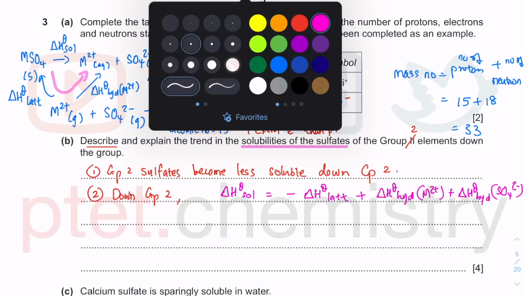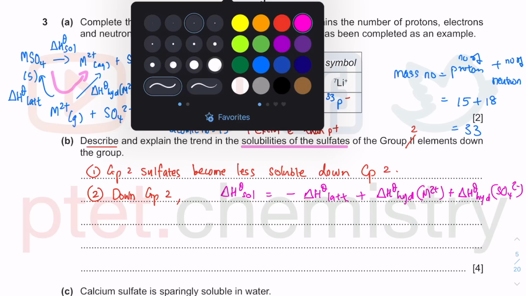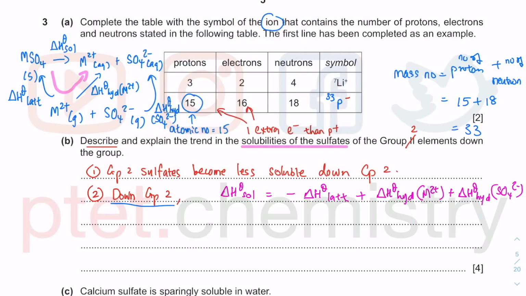It doesn't matter what that is, because now we're going to compare down group 2 what is actually happening. Down group 2, there are more filled electron shells. So we can say the ionic radius of M2+ cation will get bigger as there are more shells, but still +2 charge.